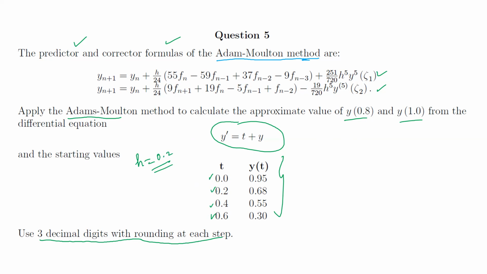So you have 0.0, 0.2, then 0.4, 0.6. Y primed is actually t plus y, but we remember that y primed for us is a function of the two variables t and y.